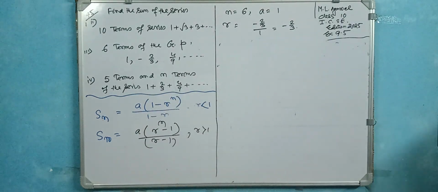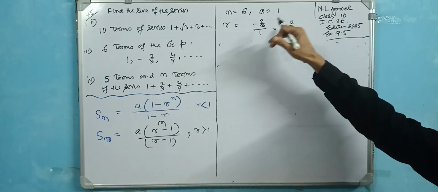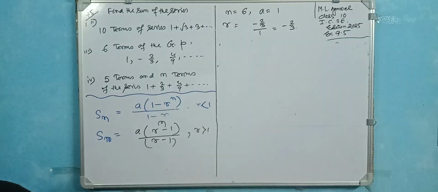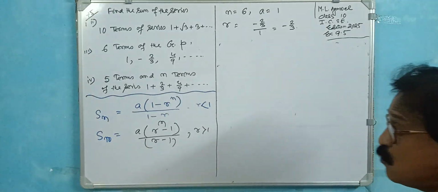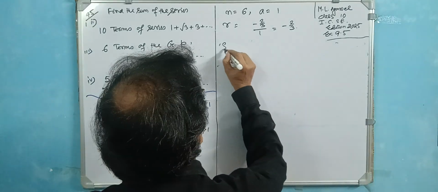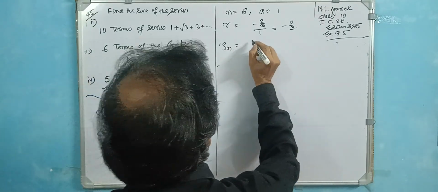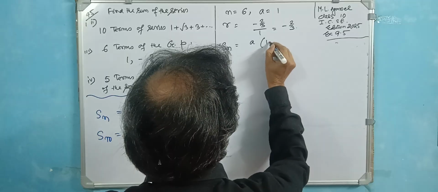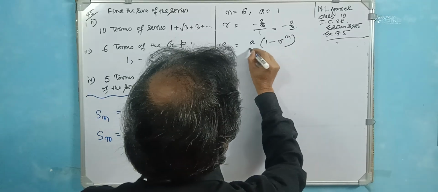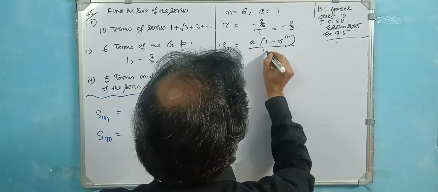The magnitude is 2 by 3 and already this is minus. So determine that r is less than 1, so which formula do you apply? This formula, because r is less than 1. So Sn is equal to a bracket 1 minus r to the power n, all over 1 minus r. The idea of the exponent should be very clear to you.